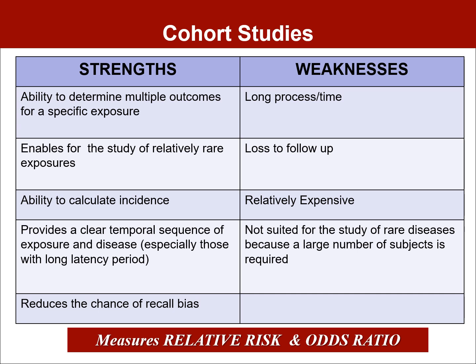A lot of this we already addressed previously, which is why you needed to know how to compute and interpret those measures of frequency and measures of association, because they're now applicable to these specific study designs. So please, if you still don't know how to compute your measures of disease frequency and your measures of association, please make the time to study this and understand this, because you will need them going forward.